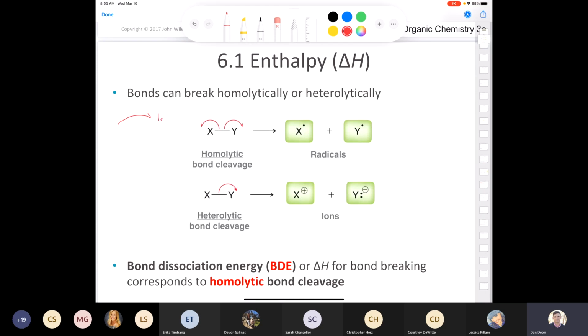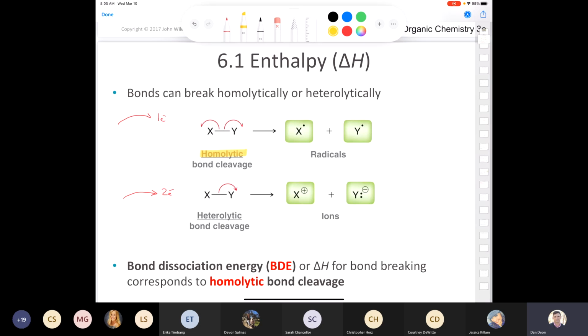That represents the movement of one electron, right? When we see a curved arrow with two barbs on it like this, this represents the flow of two electrons. And so if we have two single-headed arrows coming off of a bond, we're going to make two radicals. And this is what we call homolytic bond cleavage, right? They're each getting the same number of electrons. So we end up with a pair of radicals.